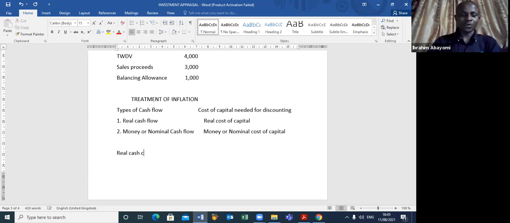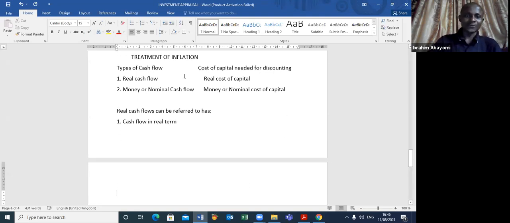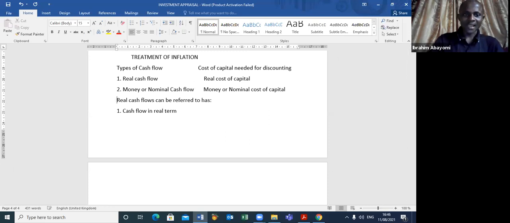For instance, real cash flow can be referred to as, one, cash flow in real terms, or the question can tell you it's cash flow in terms of year zero prices.